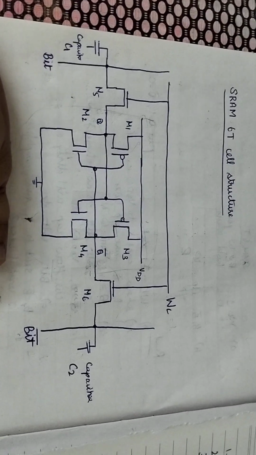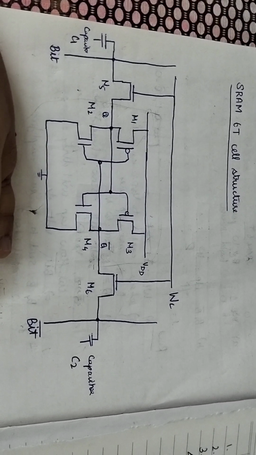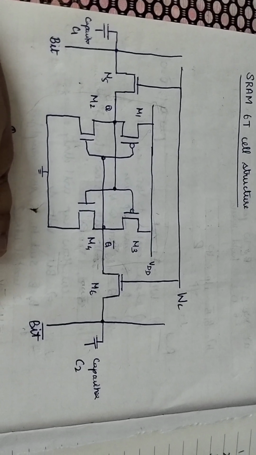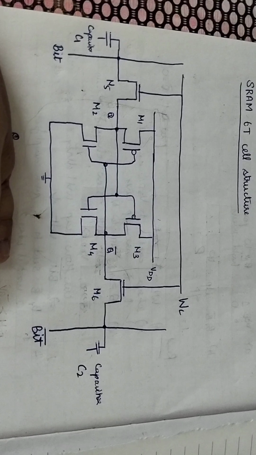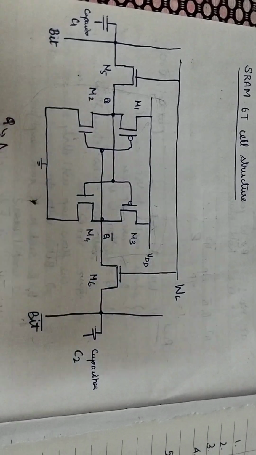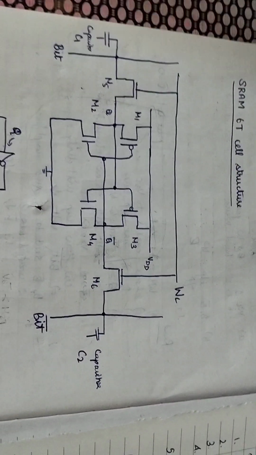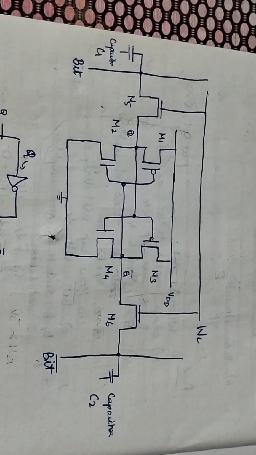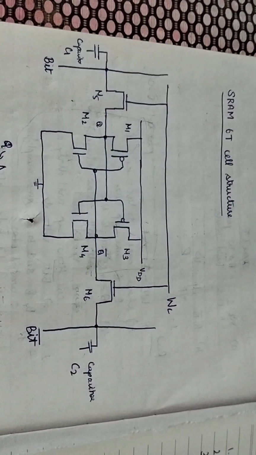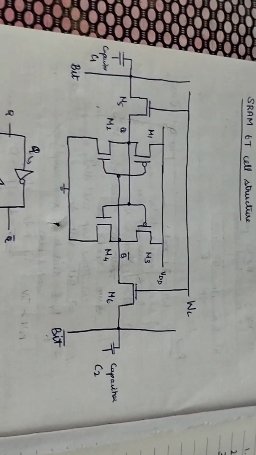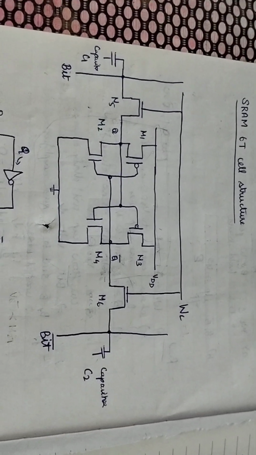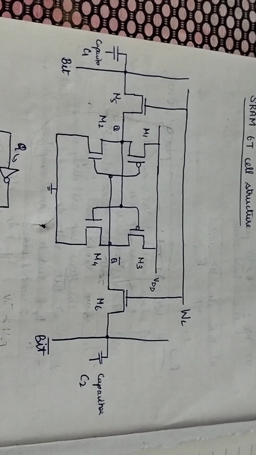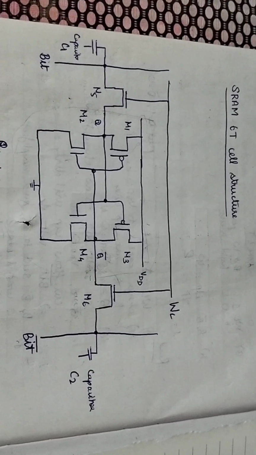So if I want to access the data from a particular cell, or if I want to write something onto a particular cell, I should first select that cell and then do whatever I want with it, right? So to select a particular cell, we use our M5 and M6, which is why they are called access transistors. How exactly do we select? We'll see that soon, but for now know that M5 and M6 are used to select a particular cell from the array of cells that make up my memory, which is why they are called access transistors.